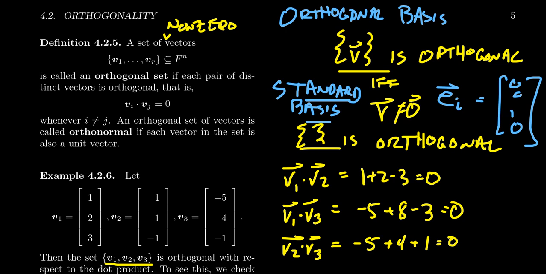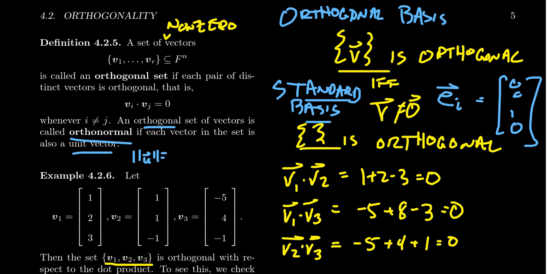Another thing I want to mention here is we say that a set of vectors is orthonormal if the set is orthogonal and every vector inside of the set is a unit vector. Remember, a unit vector means that the length of the vector is equal to 1. So an orthogonal set of unit vectors is called orthonormal.